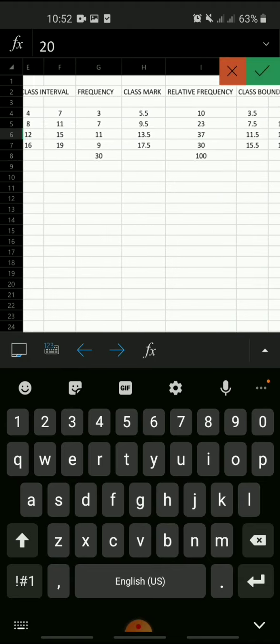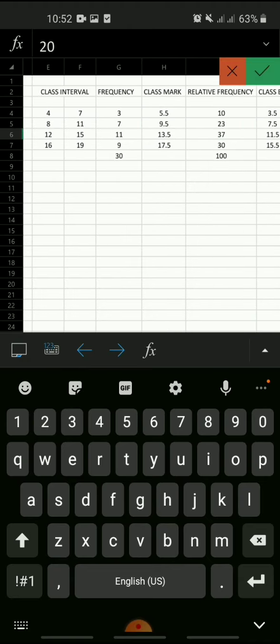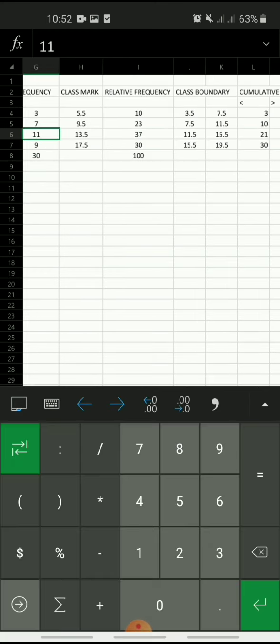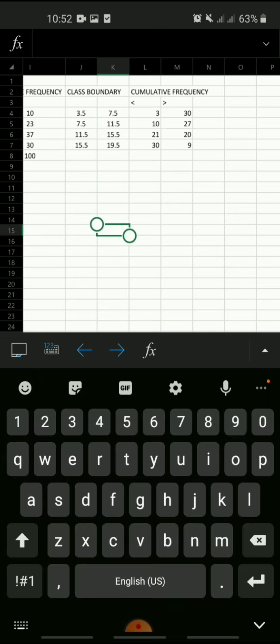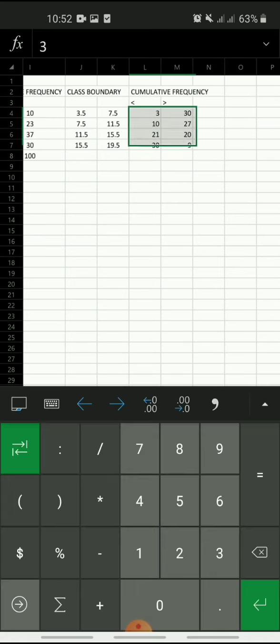Then 20 minus 11 equals 9. So that is our cumulative frequency.